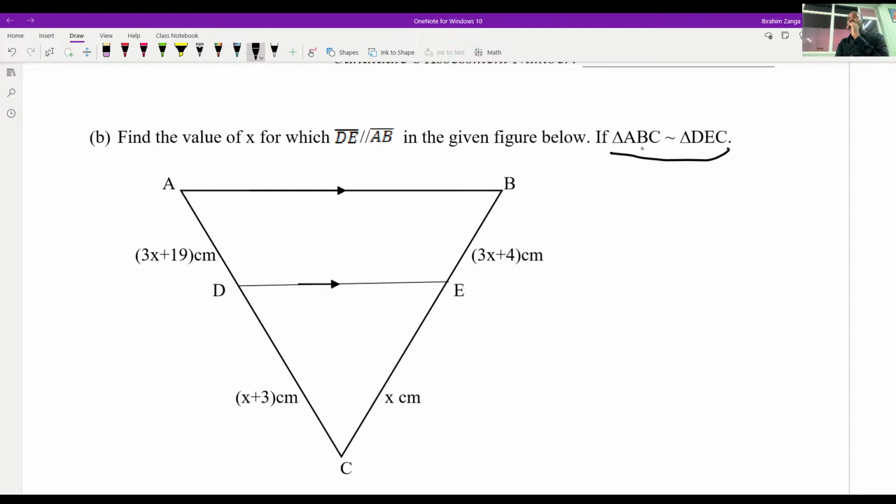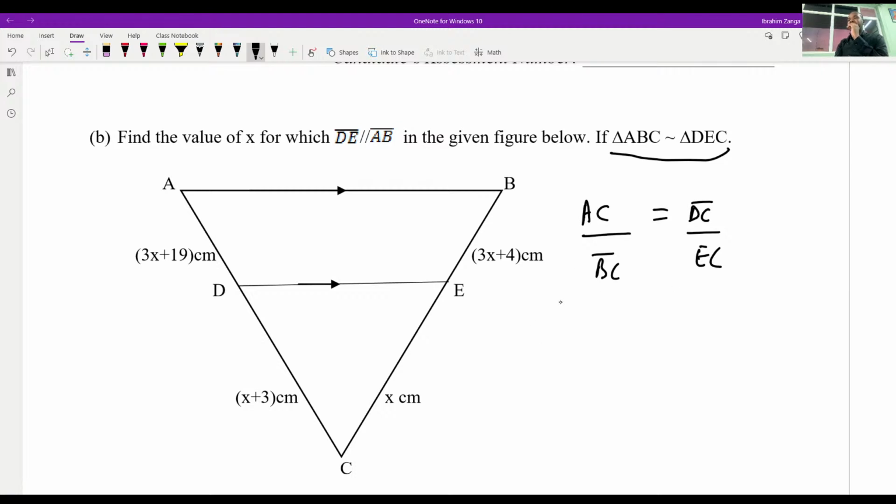So if triangle ABC is similar to triangle DEC, the ratio of corresponding sides are equal. So I'll be taking AC over BC equal to DC over EC.